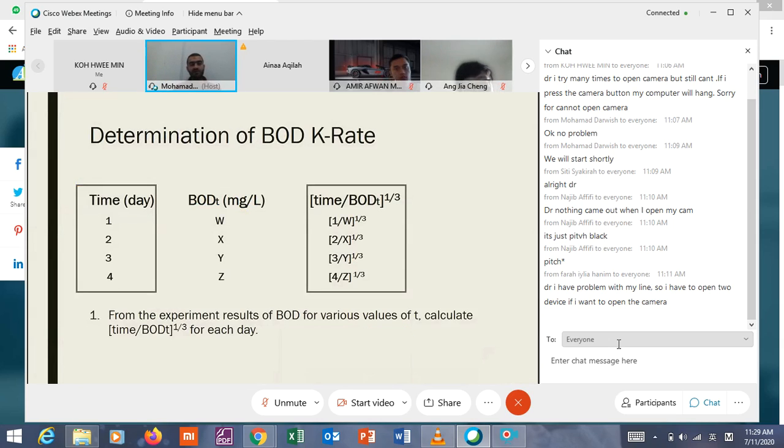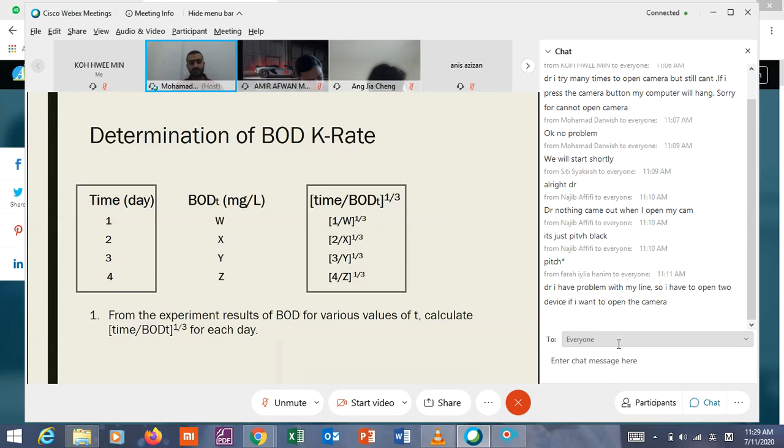BOD K rate. Now, as we said just now, different people have different ability of eating such a meal. So that means that the rate is different from one to another.